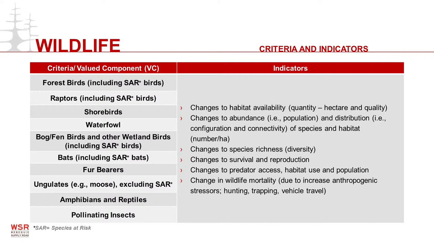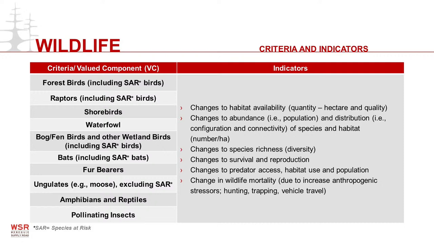They mean one and the same thing. We have things like forest birds, raptors, shorebirds, waterfowl, wetland birds, bats, fur-bearing animals like marten, ungulates like moose and caribou, but caribou is excluded in this particular case. Amphibians and reptiles, and then pollinating insects.